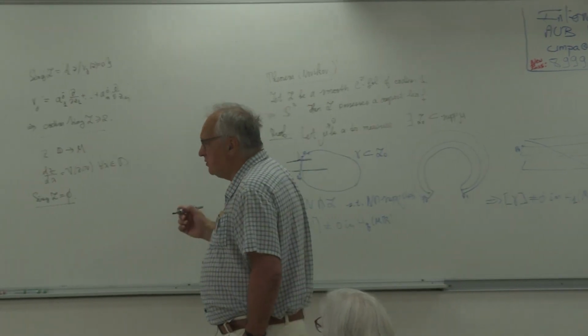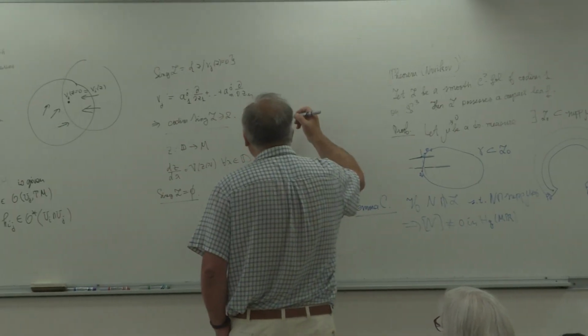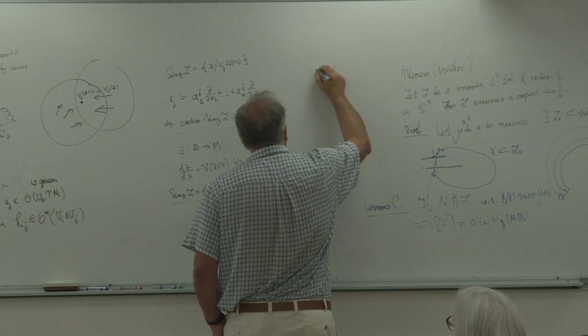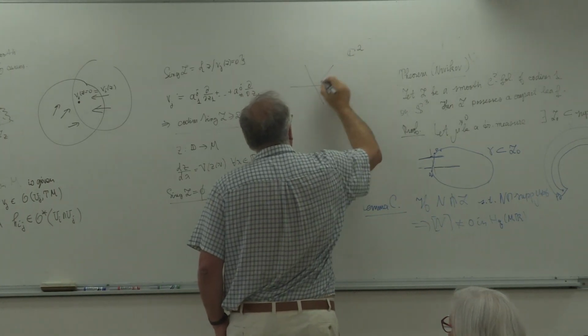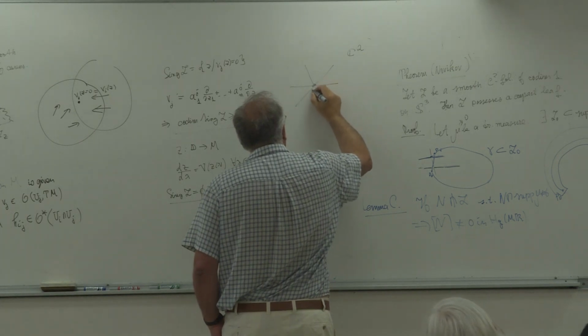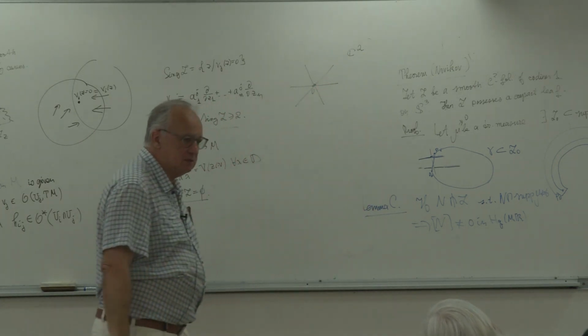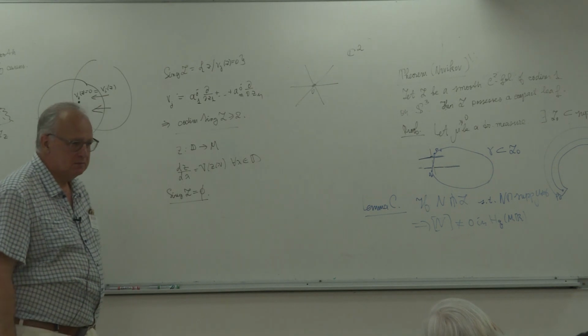Well, what can be a singularity of the foliation? Let me say once more. You can take a radial foliation in C2. Okay? So it has a singularity at 0.